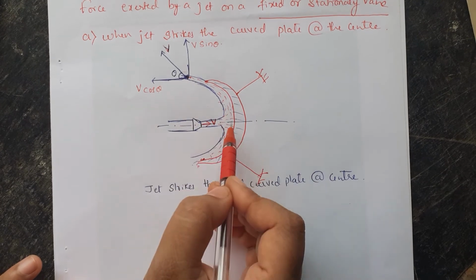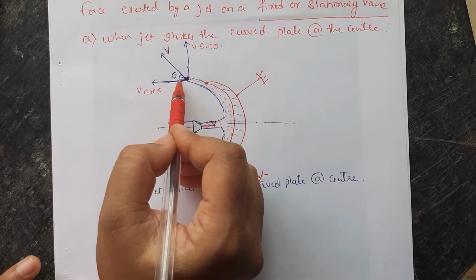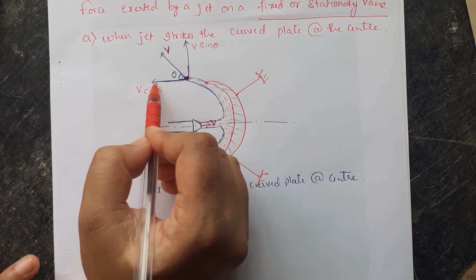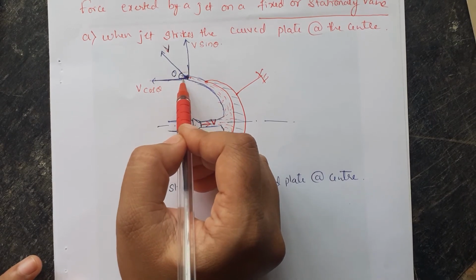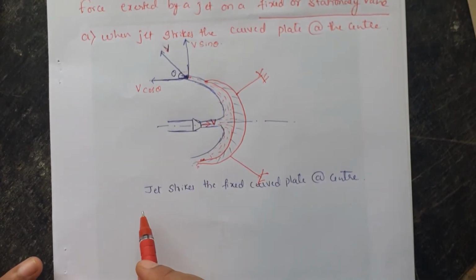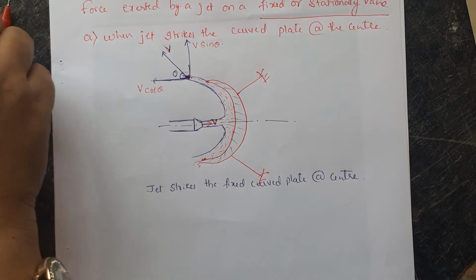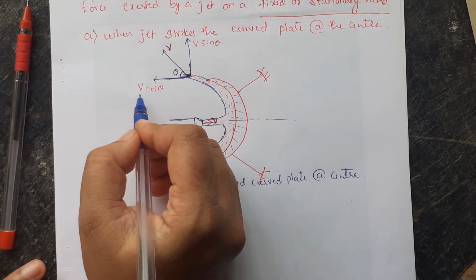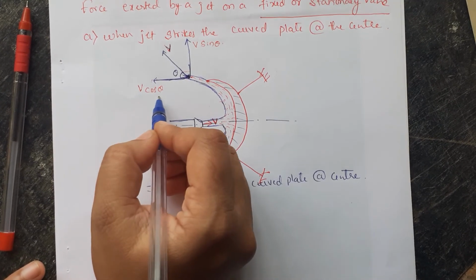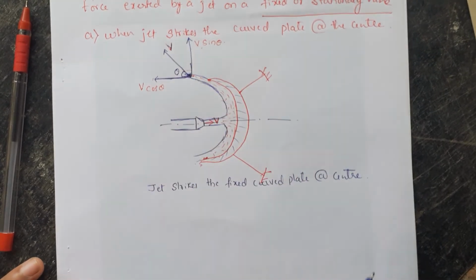This is the component in the direction of the jet and this is the component perpendicular to the direction of the jet. Since it is in the left direction, it will have the negative value. Since it is in the upward direction, it will have the positive value.